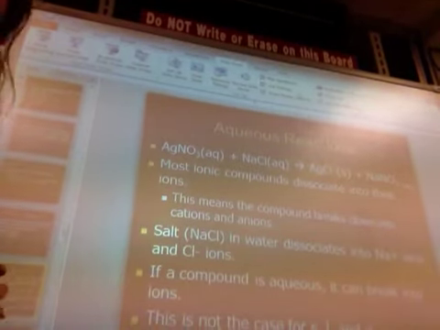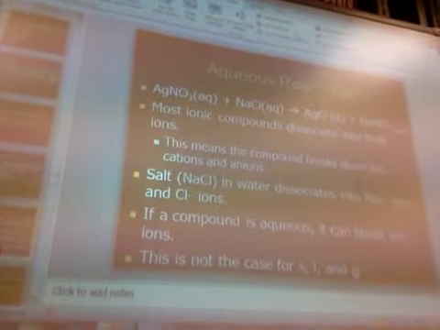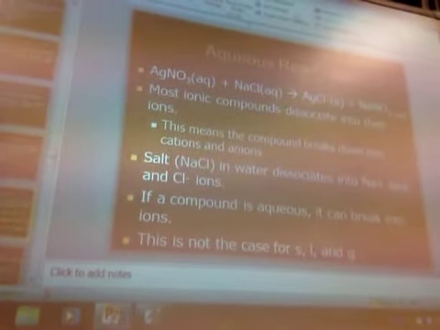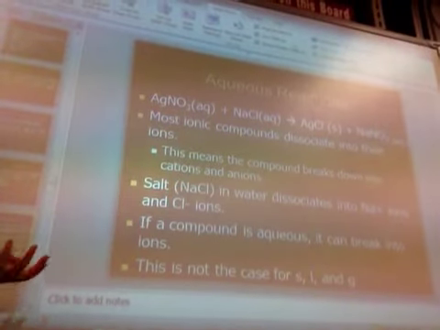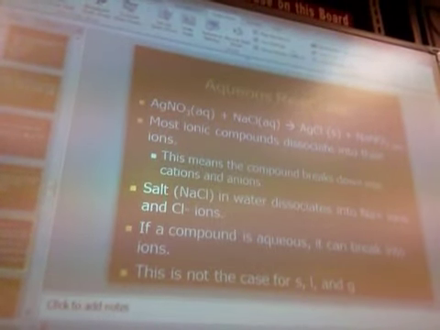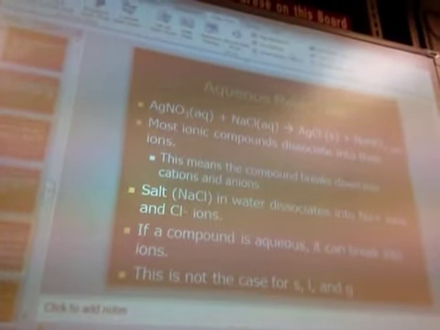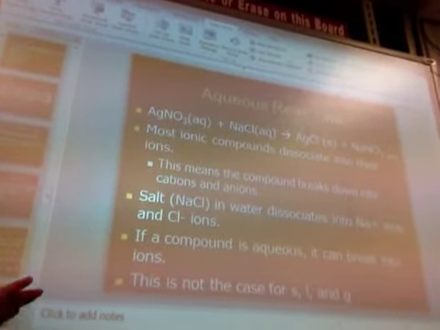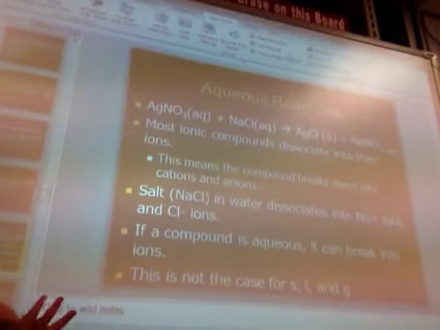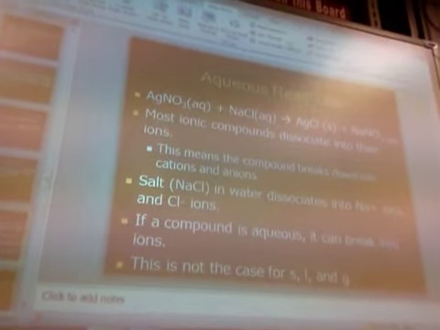Okay, to continue on with this, I'm going to leave this like this because you can see the entire slide that way. If a compound is aqueous, then that means that it can break down into its ions. So if I had sodium chloride in the aqueous form, it would break down into sodium cations and chlorine anions.